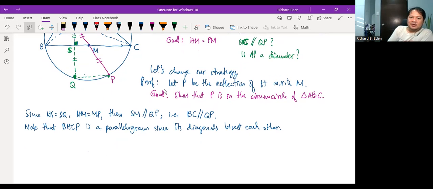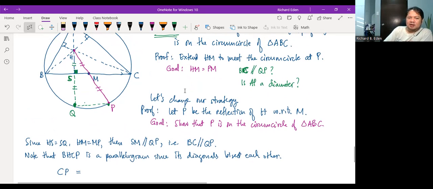Okay, so you have CP equal to BH. And what's the reason for that? It's because BHCP is a parallelogram. But then on the other hand, BH is equal to BQ.